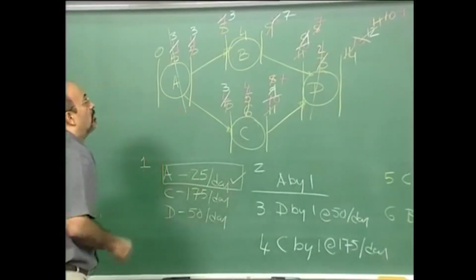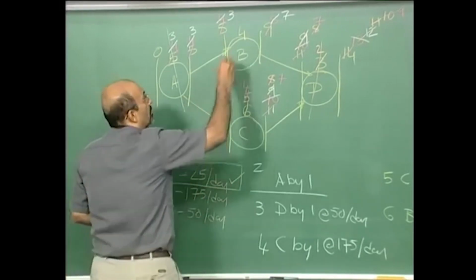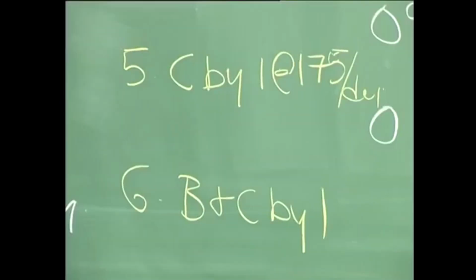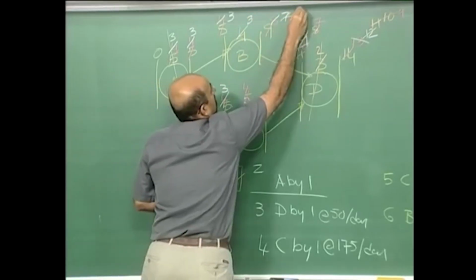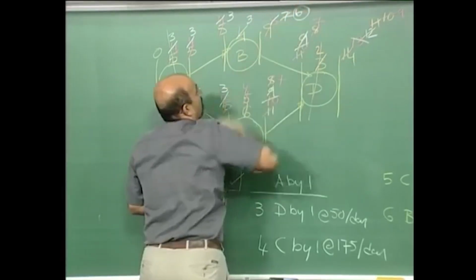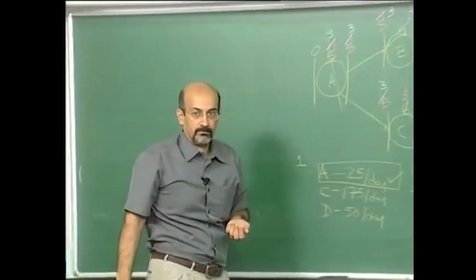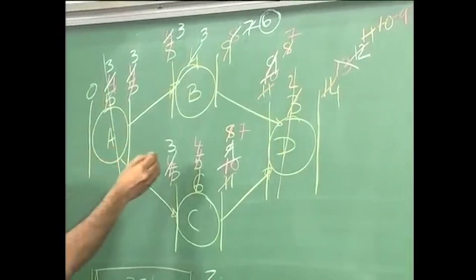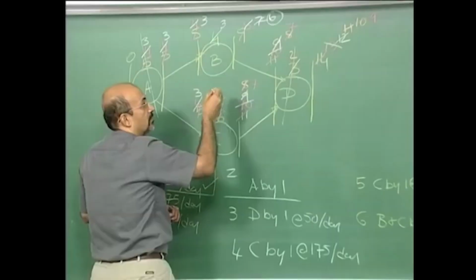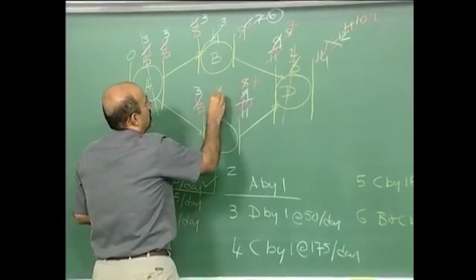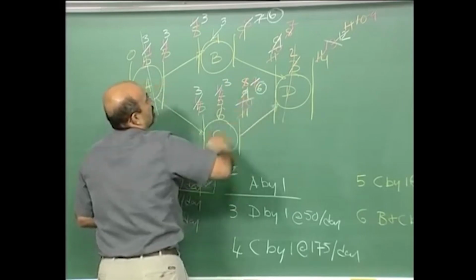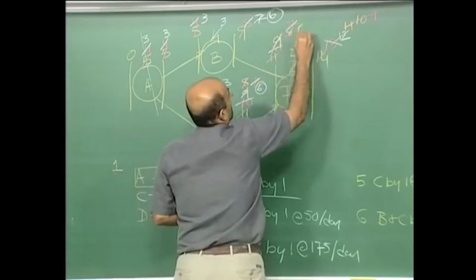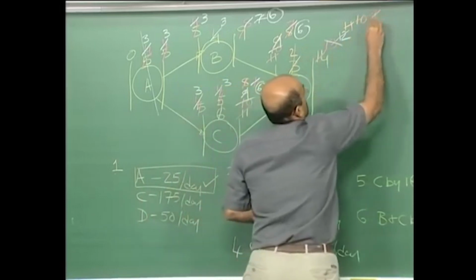Okay, so B can go maximum by 1, B can only move to 3, take it to 6, and after that B is maxed out. C also goes from 4 to 3, goes to 6. Both of them come to 6 here, plus 2, 8.